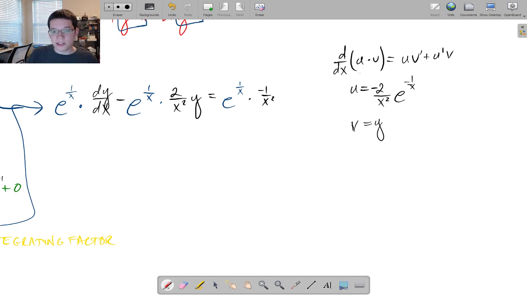So then you have du equals e to the 1 over x. Is that right?